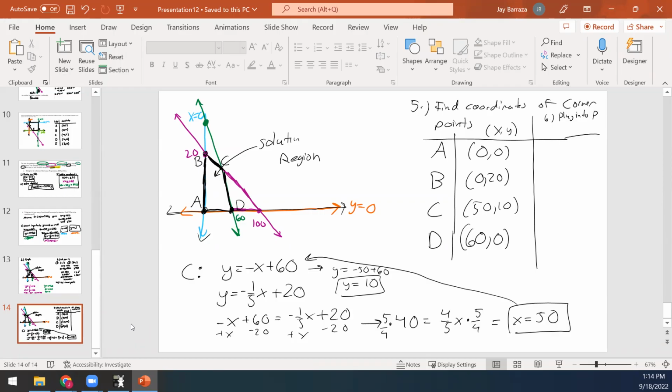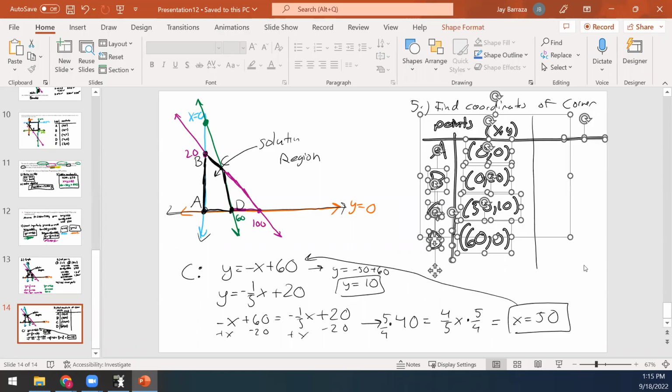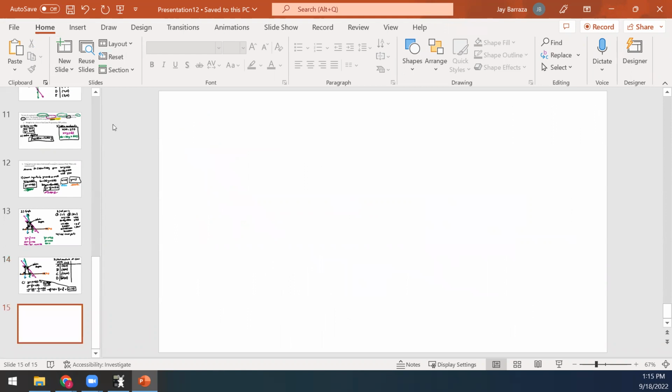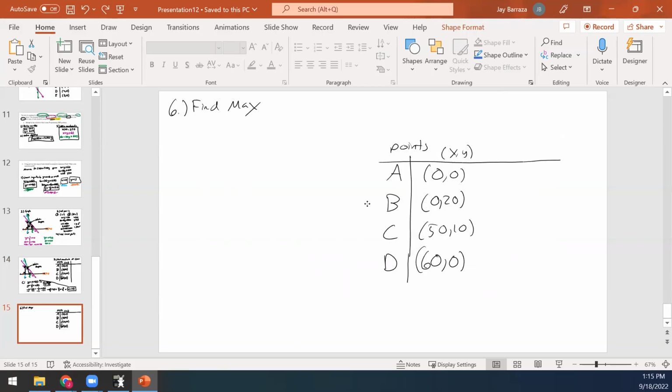So remember our P equation. Actually, I'm going to do it on a new slide. So let me copy this table over. Step 6, find max. Paste it. Oh, here we go.